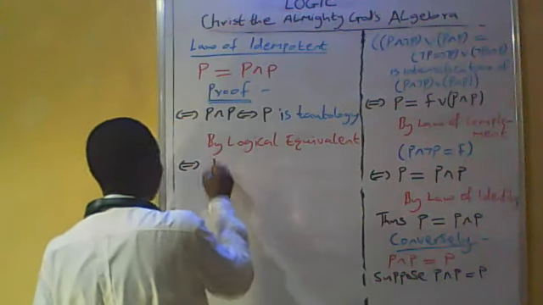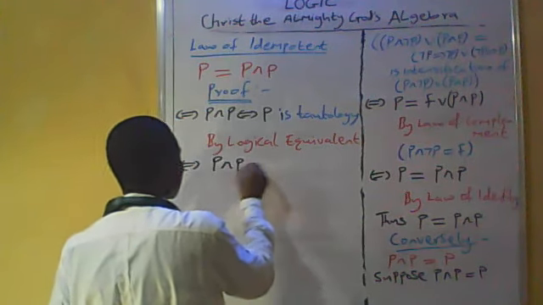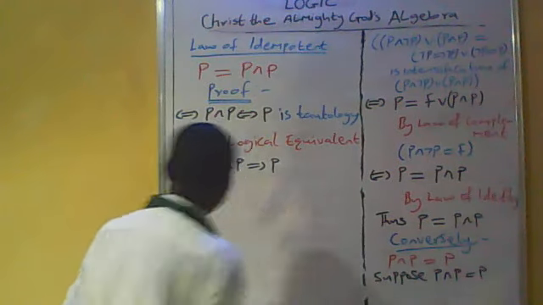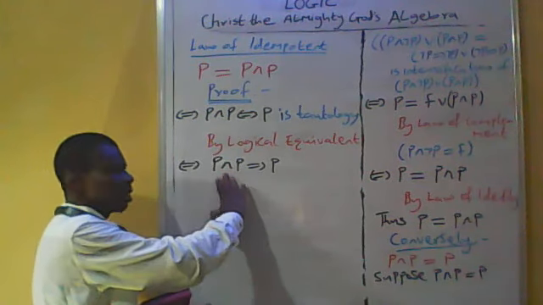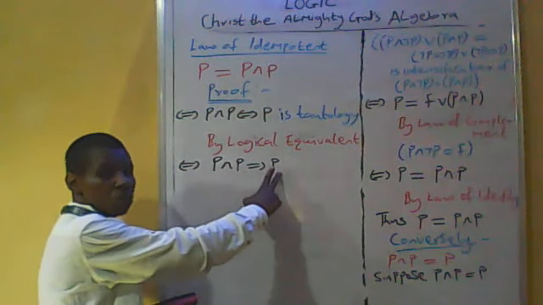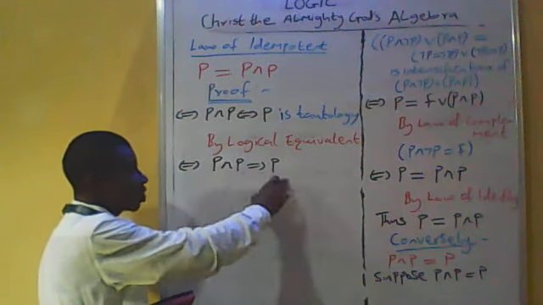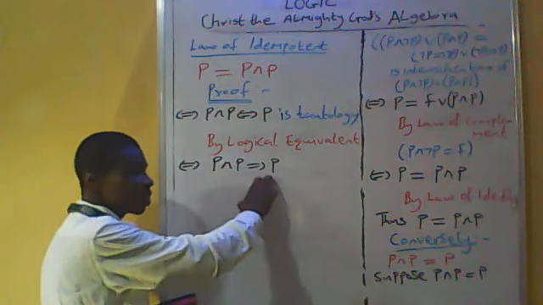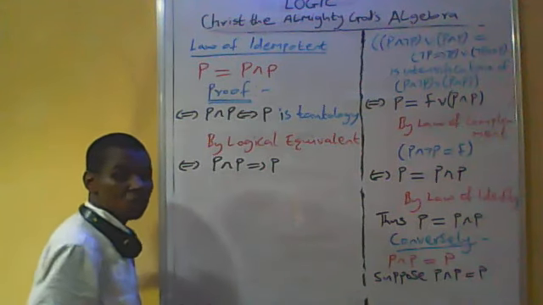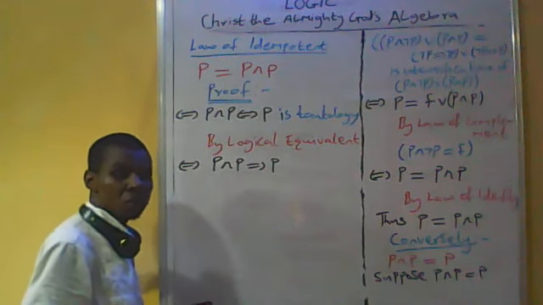That's P and P implies P. And you see that whenever the antecedent is true, also the consequent must be true. So when you want to violate this statement, there's no possibility of getting falsity, always true. We say that the statement is a tautology.